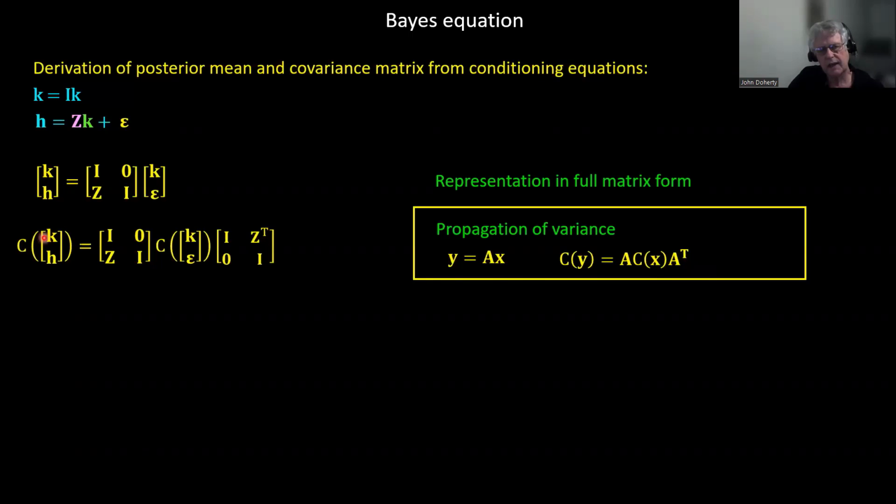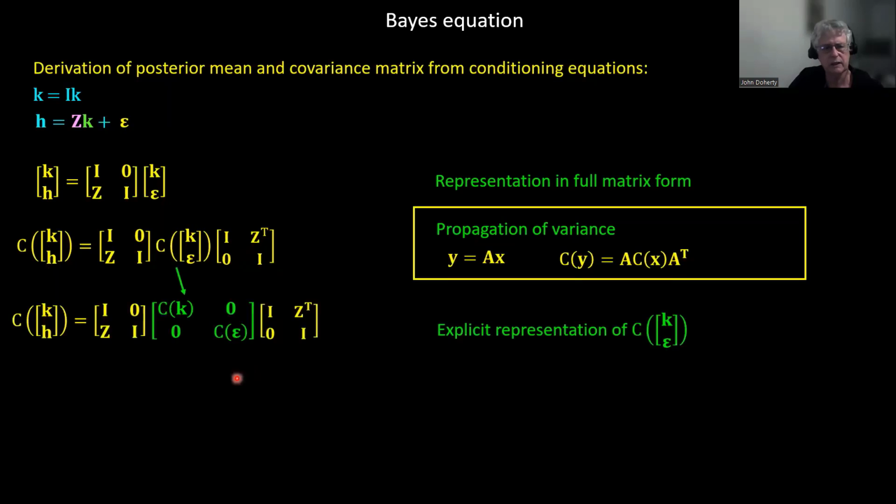So k is a random number because we don't know the parameters of the real world. This refers to the prior uncertainty of the k's. We don't know them. We can only express them probabilistically in our head before we go and do any history matching. So h has to be a random number too because it's a function of k, which is another random number. So there exists a joint covariance matrix which expresses the statistical interrelatedness between them.